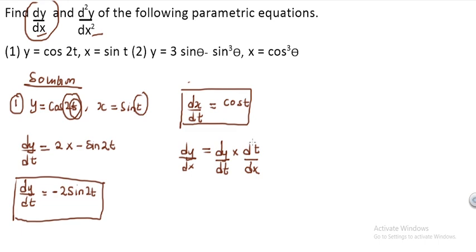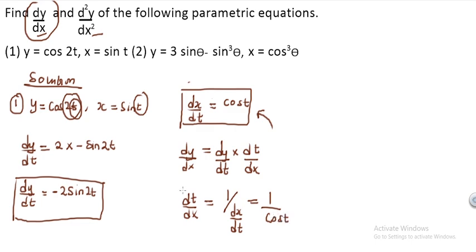We're not given dt/dx, but we have dx/dt. To get dt/dx, we can simply take the inverse of both sides, so dt/dx is equal to 1 over dx/dt. Now dx/dt is simply cos t, so this is equal to 1 over cos t.